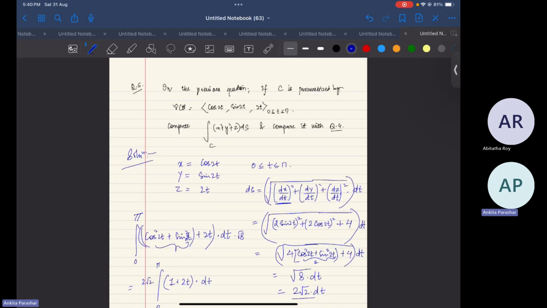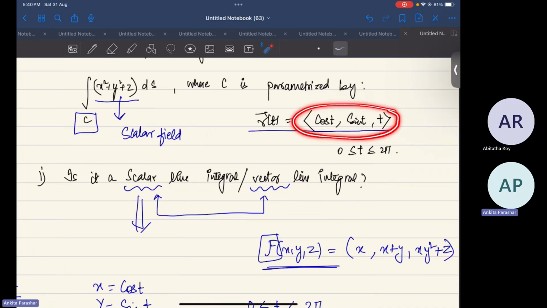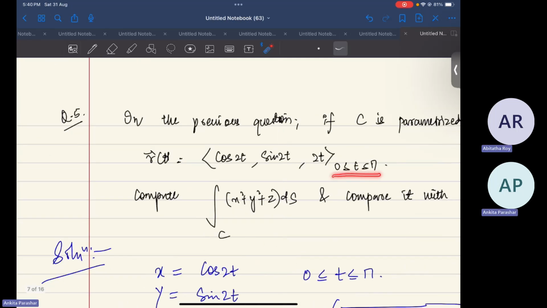If we see here, cos t, sin t, 2t, and cos t, sin t, t. In the second case, we have doubled each parameter, but we have halved the limit. What is the meaning?